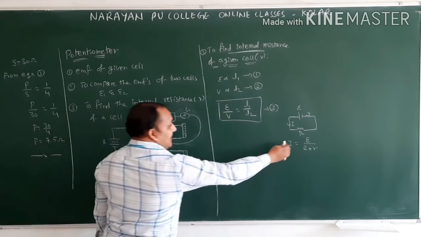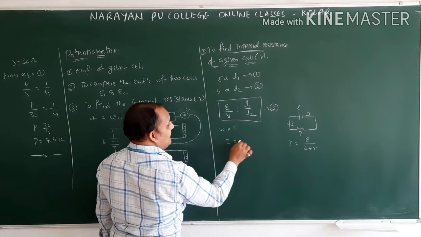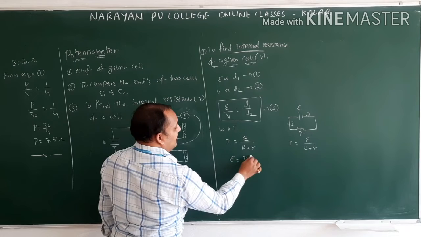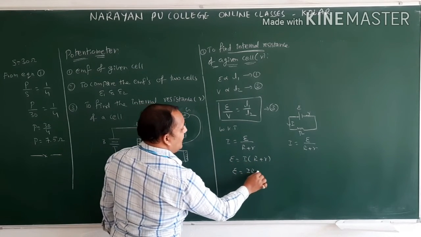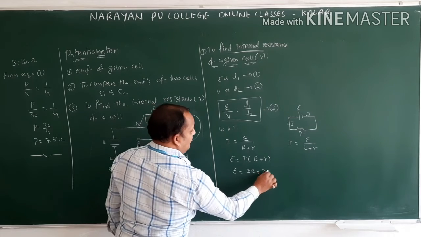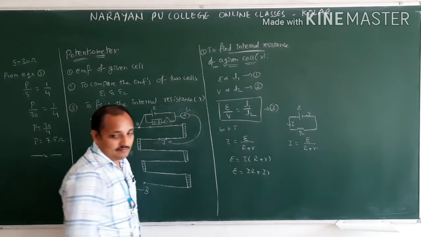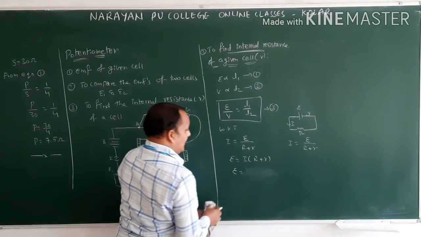Write this: we know that I is equal to E by R plus r, or E is equal to I into R plus r. Then E is equal to IR plus Ir. Otherwise, take r common here.